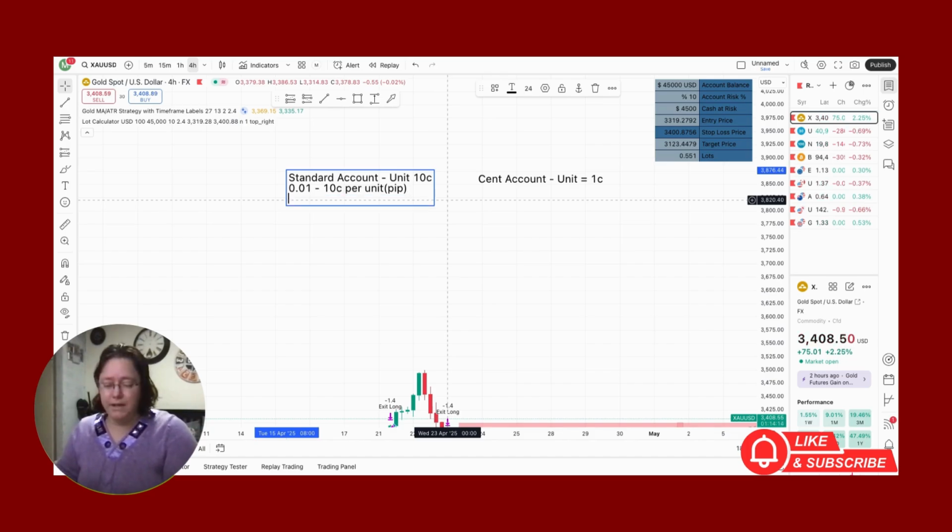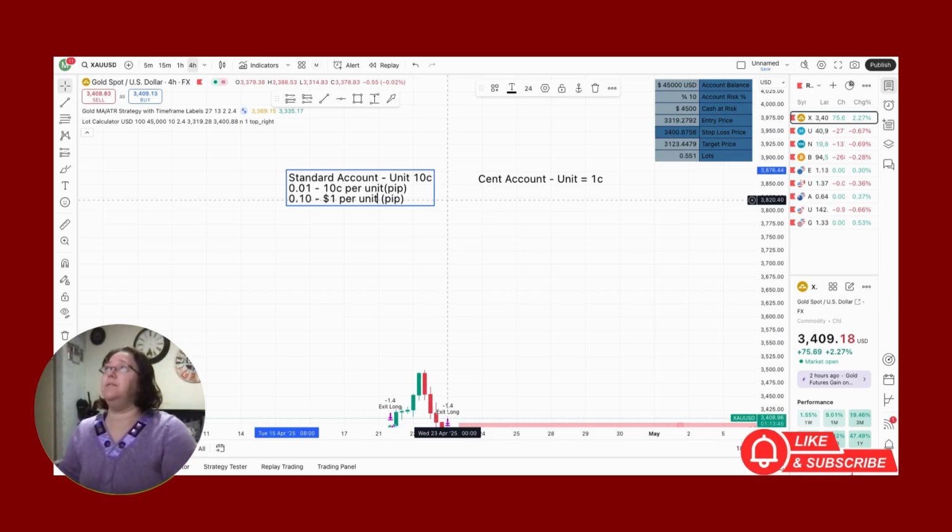Now, if it is 0.1, that means you are now risking $1 per unit or per pip. So when the price moves 1 pip, you are risking $1.